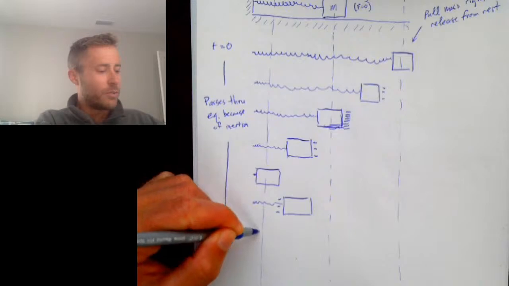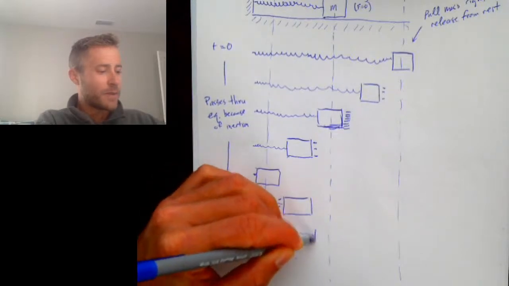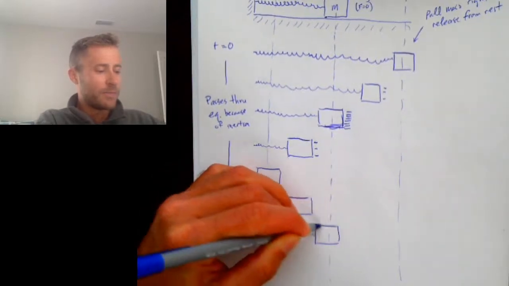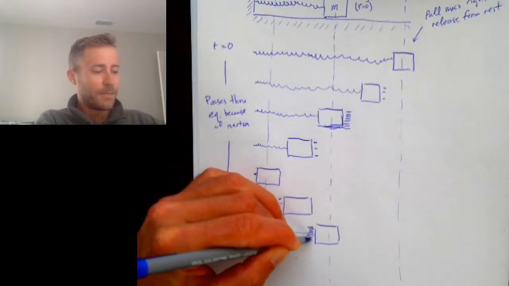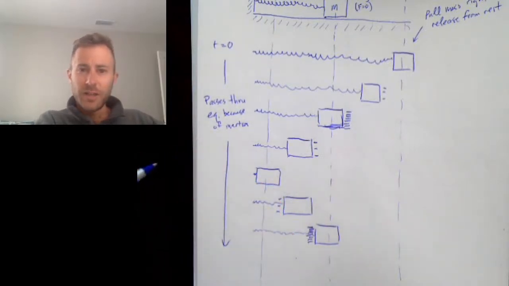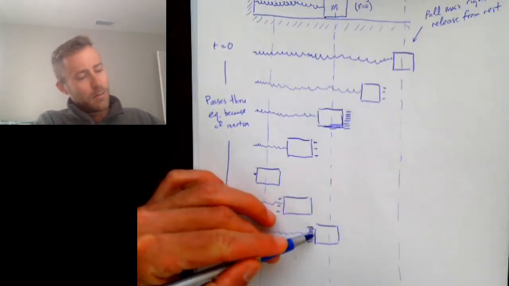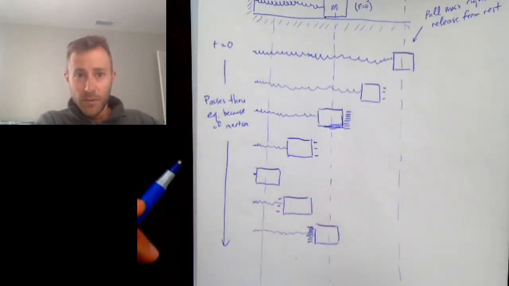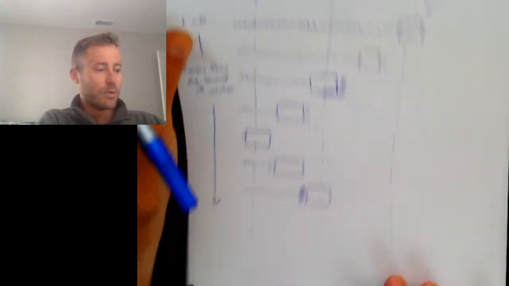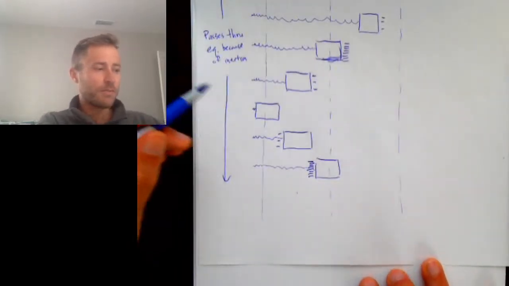It's going to pass through equilibrium with a lot of speed, but it's not going to stay at equilibrium because it arrived at equilibrium moving. So it moves through equilibrium because of its inertia.